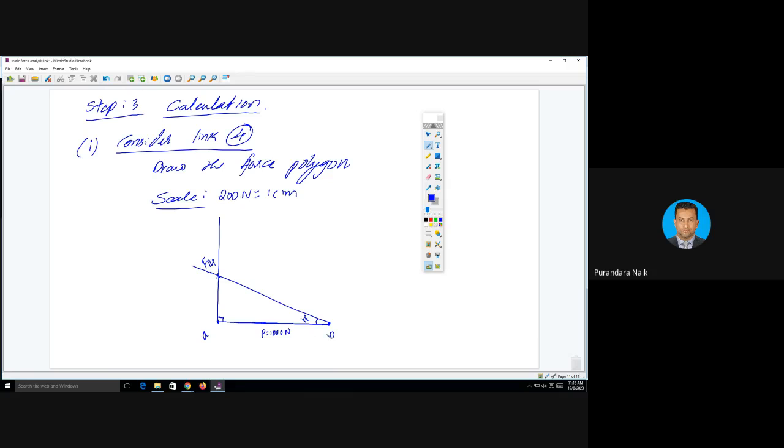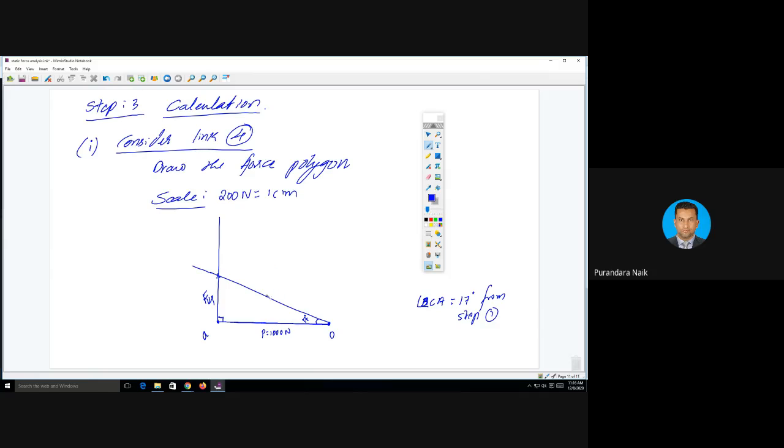From where? Angle BCA is equal to 17-degree from step 1. So what is this? This is F14.